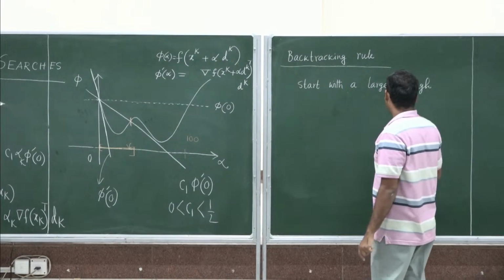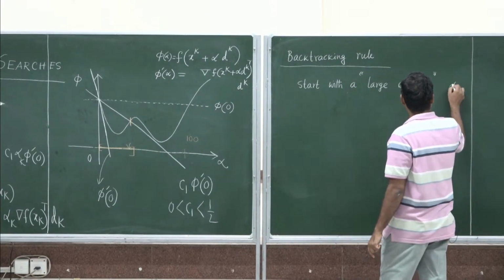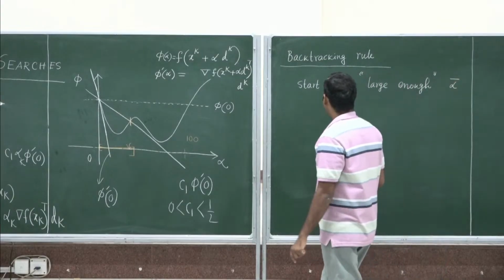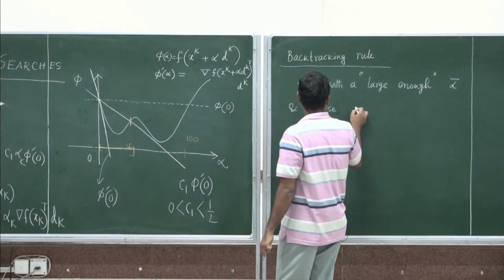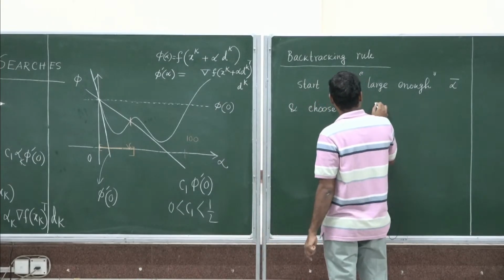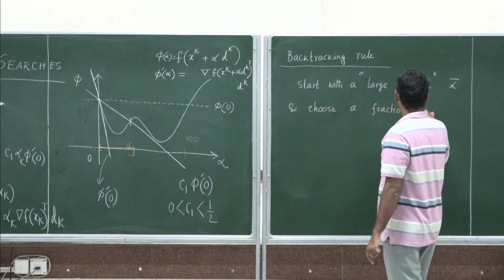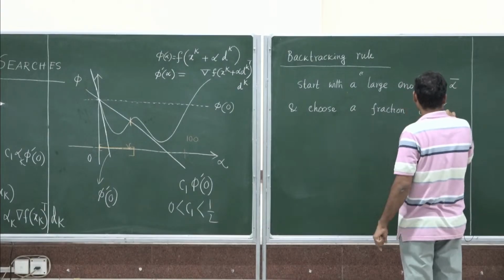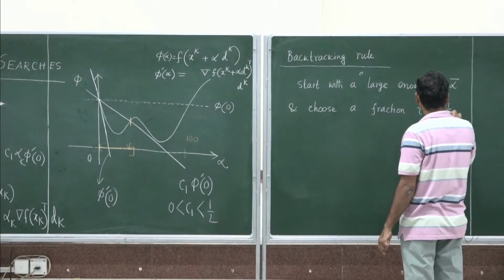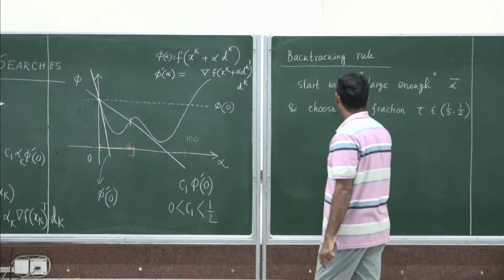So start with a large enough alpha bar, and choose a fraction tau, maybe 1/3 to half, choose a fraction.